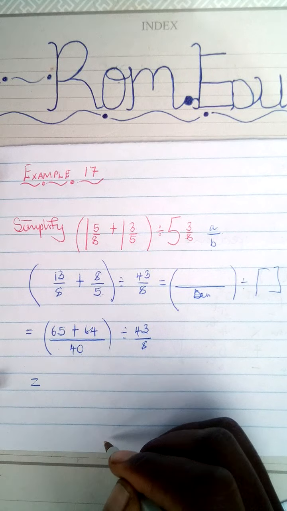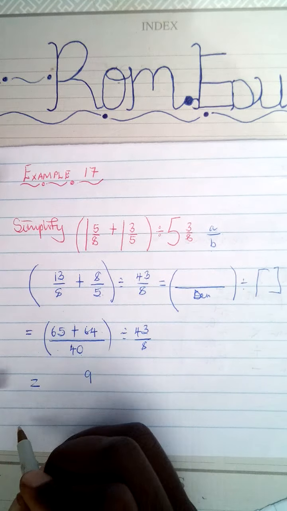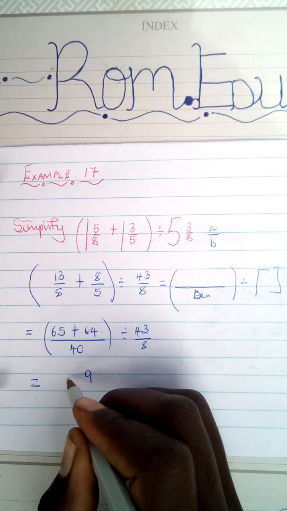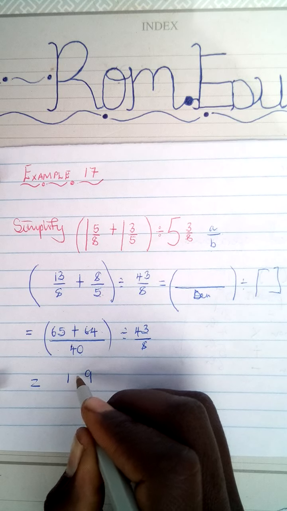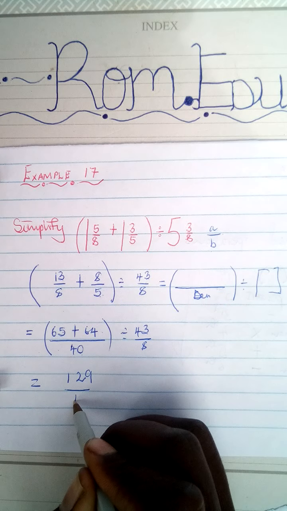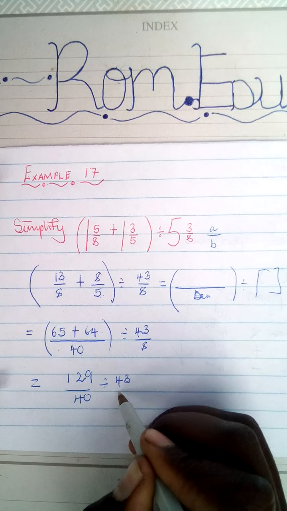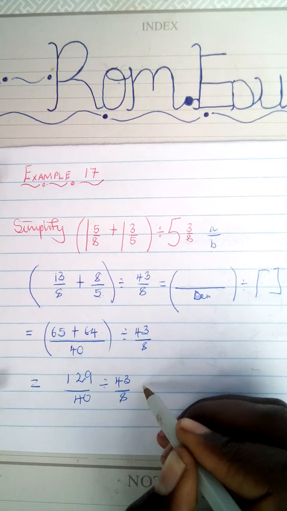Then we add, so we're going to get 65 plus 64, that's 129, right, over 40 divided by 43 over 8, right?